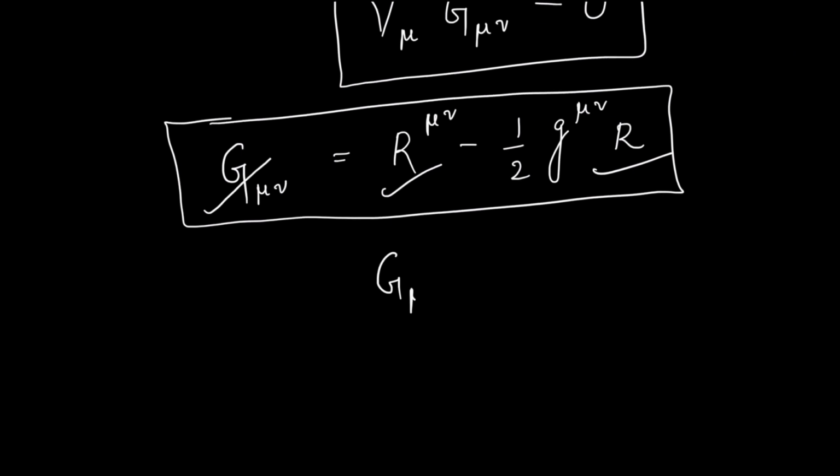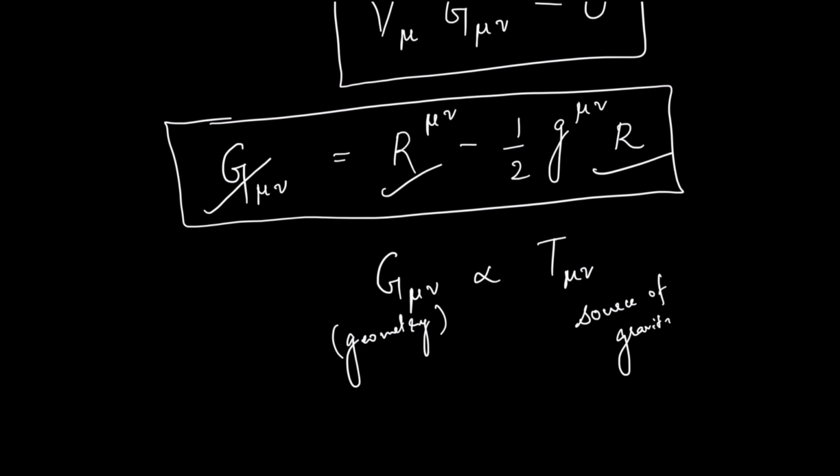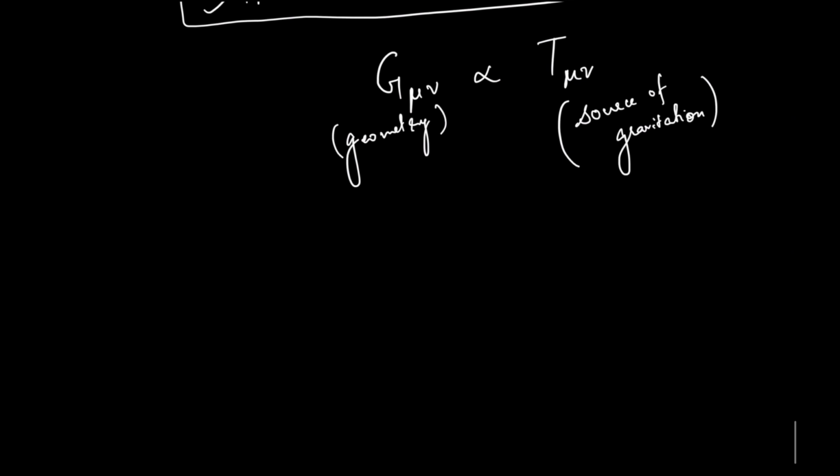So this is the geometry. Now the geometry I have to equate with the source. The source is the energy momentum tensor. This is the geometry, and this is the source of gravitation. So this is a proportionality sign.